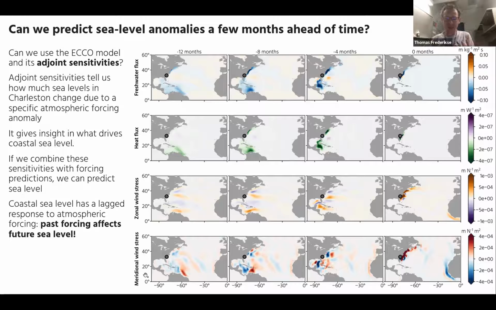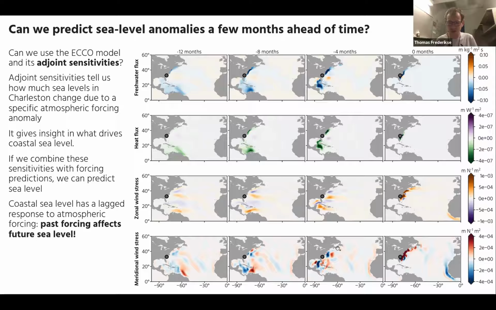And then you can see a lot of physical processes appear from this. For the heat flux and the freshwater flux, these anomalies are transported with the current. The heat flux and freshwater flux change the upper ocean water density, and these anomalous density waters are advected from 12 months to 9 months to 4 months towards Charleston.